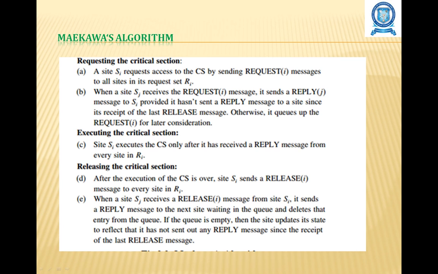When a site Sj receives this request message, it sends the reply message to Si if it has not sent a reply message to a site since its receipt of the last release message. Otherwise, it queues the request into the top of the queue for later consideration.